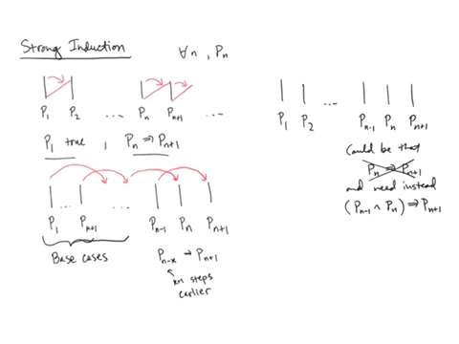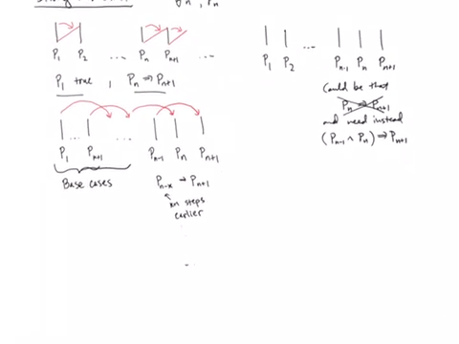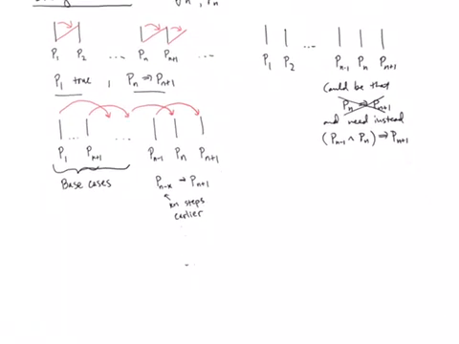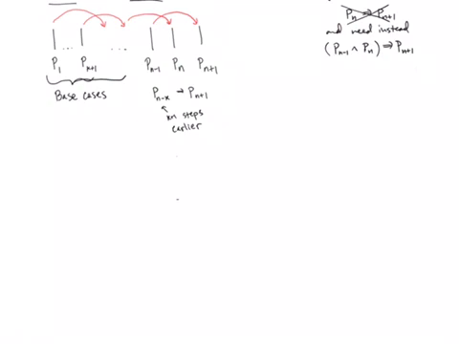Okay, so there's all these kind of complicated potential situations, but they're all covered by the following general situation. So it helps to imagine dominoes again. So you have P1, P2, P3, up to some Pk, and then Pn plus 1.